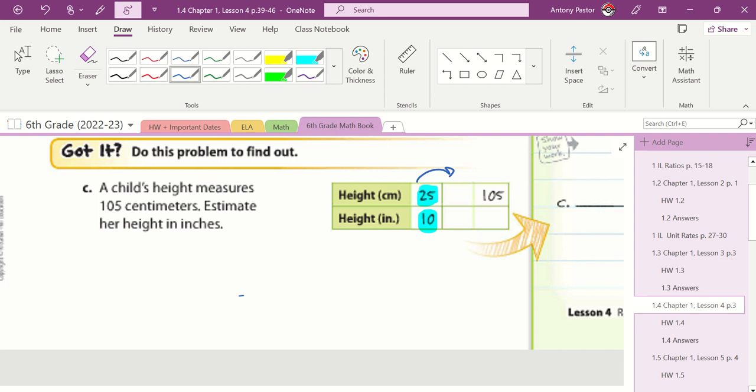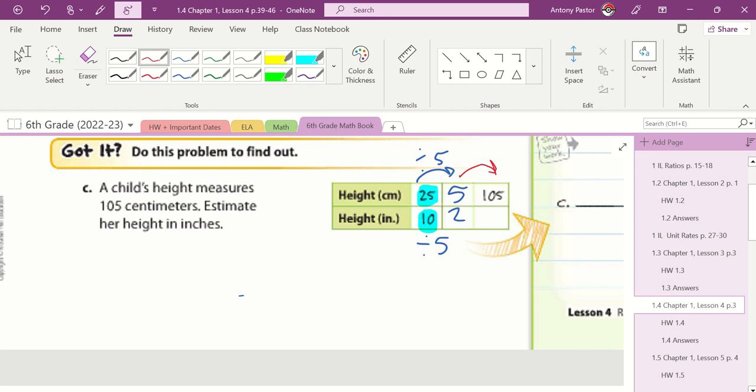I'm going to scale 25 down to 5 because then I can make 5 into 105. Dividing 25 by 5 gives me 5. When I divide 10 by 5, I will get 2. So I downscaled, or I scaled back. Now I'm going to turn 5 to 105.